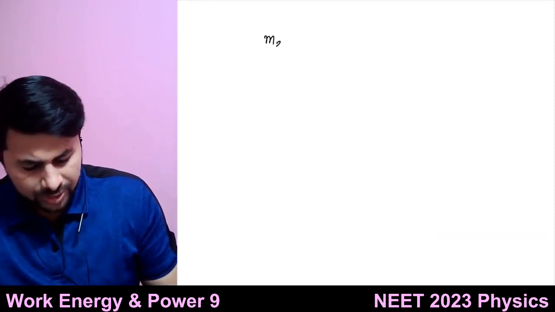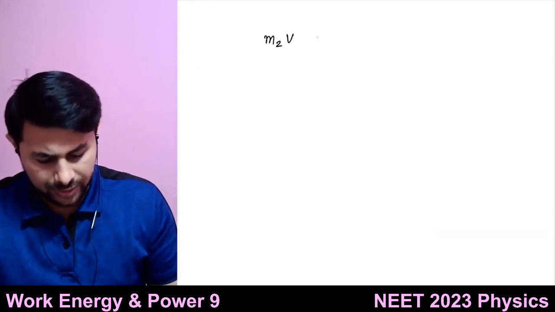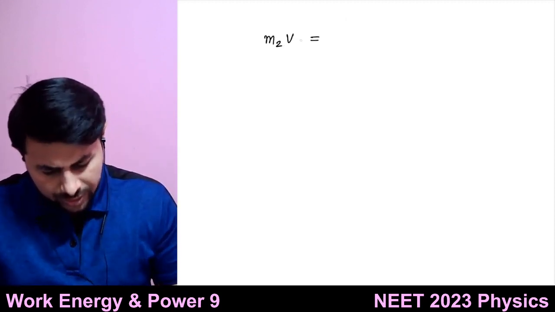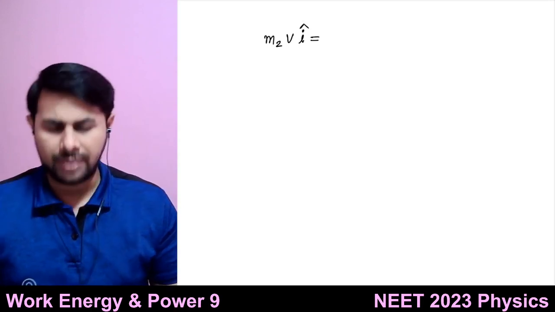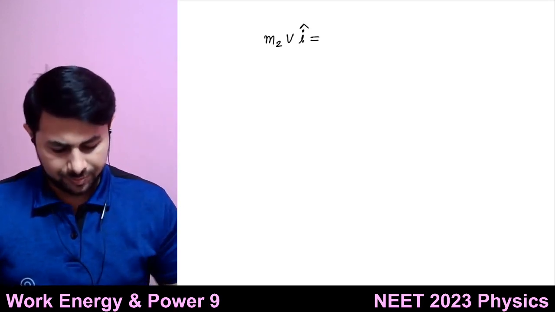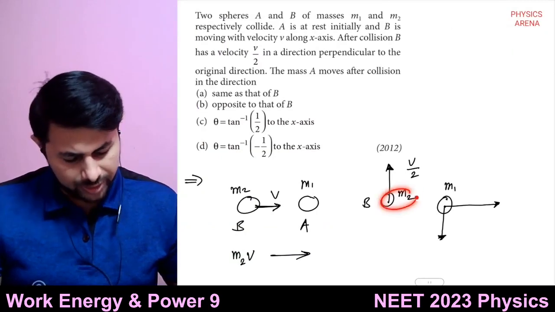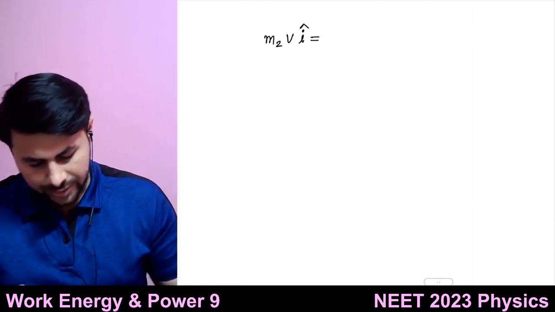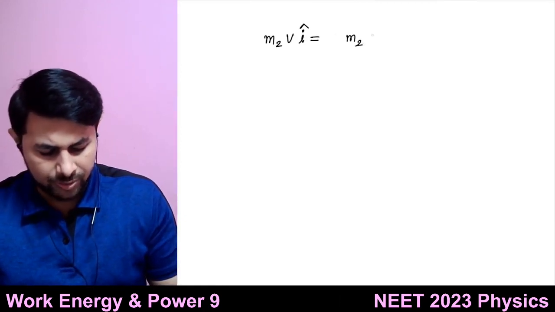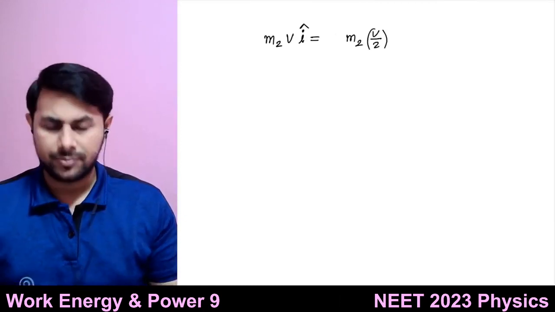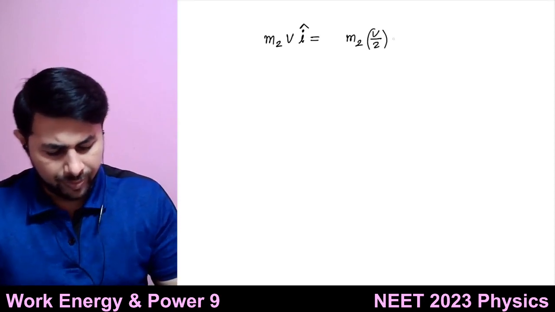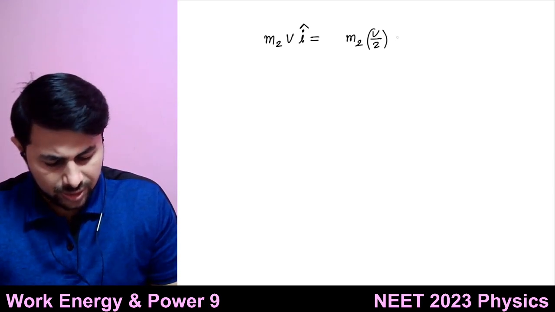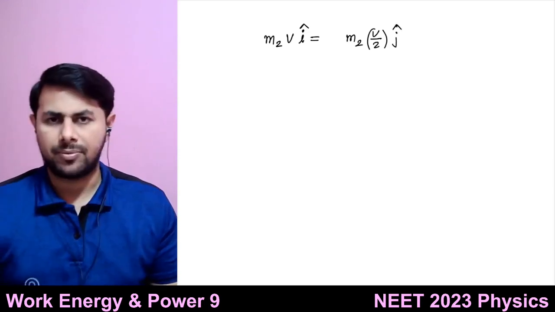Total initial momentum is m2 times v, so let's write it as m2 v times i cap. This body whose mass is m2 is now moving in the y direction with speed v by 2, so the momentum is m2 times v by 2 multiplied by j cap.